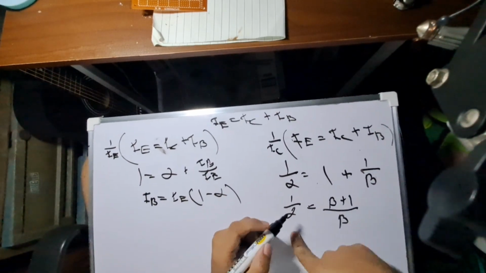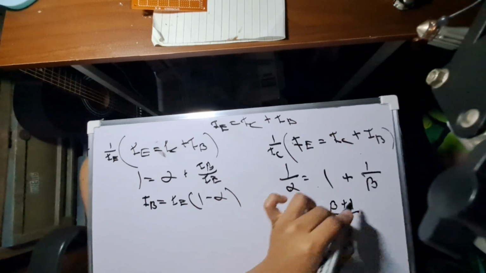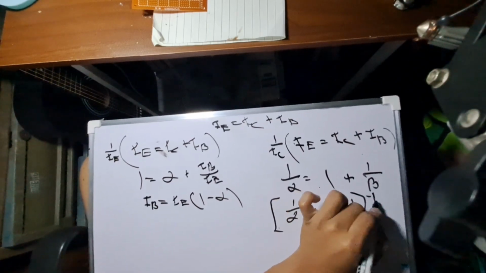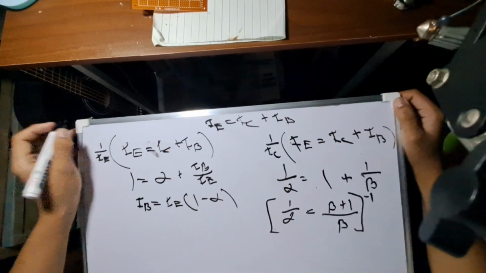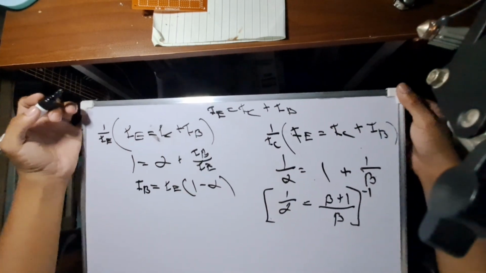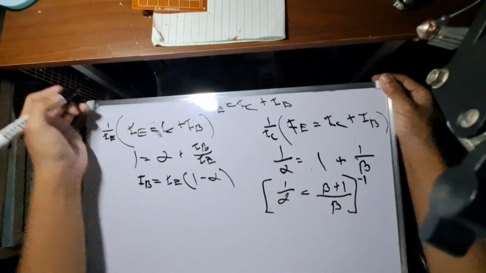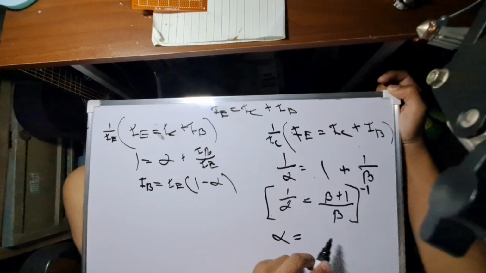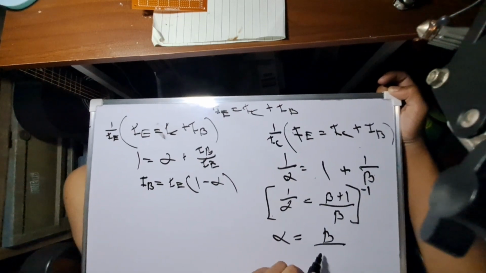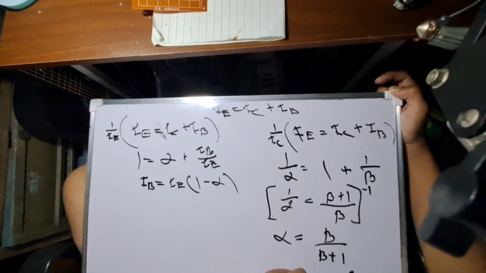So gawin natin raise to negative 1, or kung familiar kayo, parang ito yung ginagawa natin sa parallel in network theorems. So therefore we have alpha is equals to beta over beta plus 1.